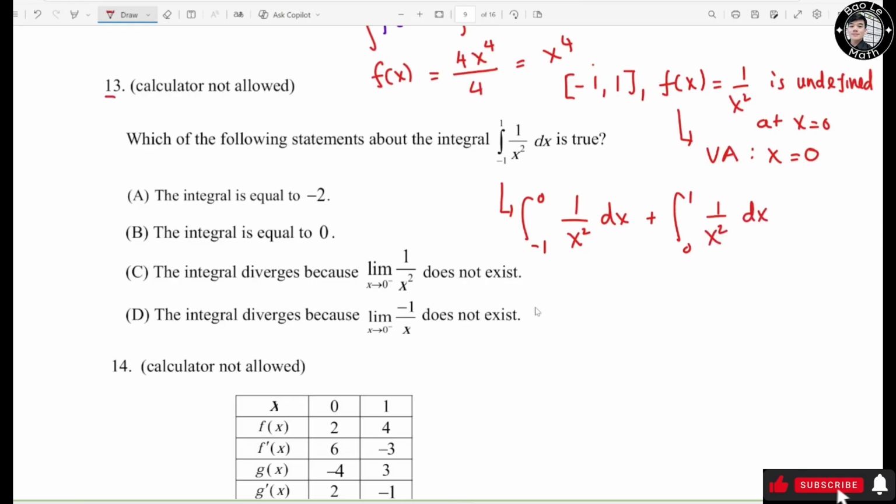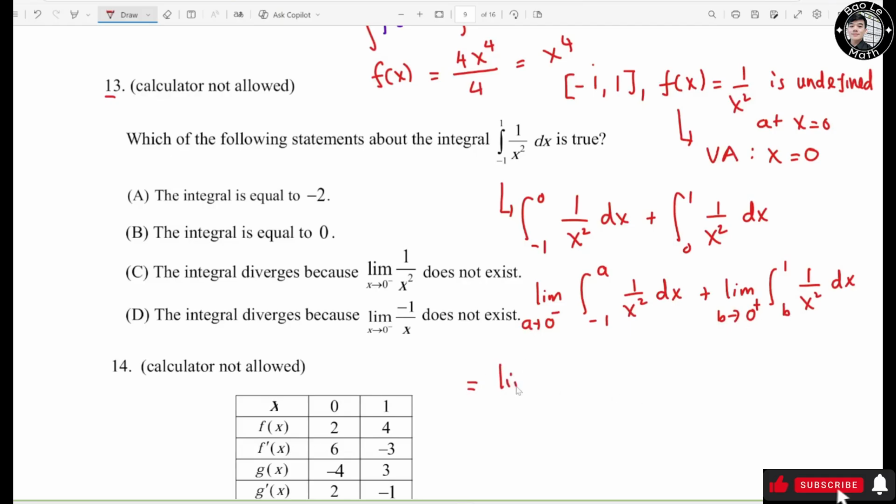So we're going to use limits, right? So the limit of the integral from -1 to a when a approaches 0 from the left of 1 over s squared ds, plus the limit of the integral from b to 1 of 1 over s squared ds when b approaches 0 from the right, right?